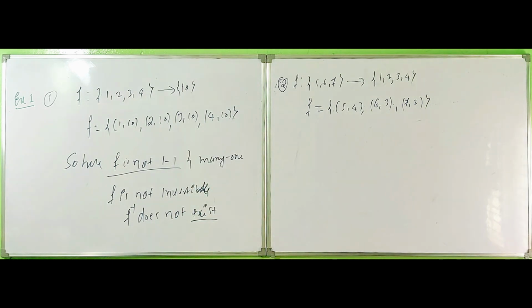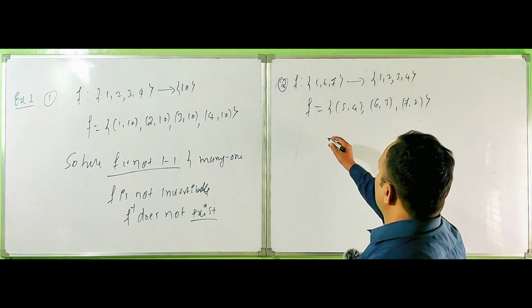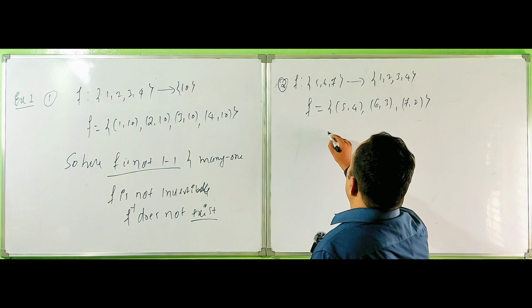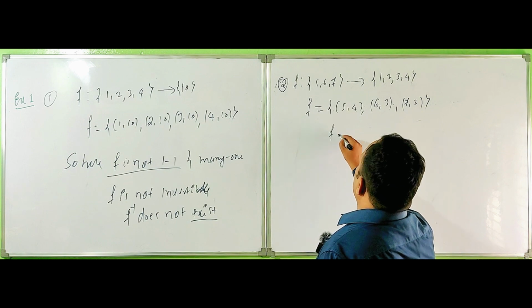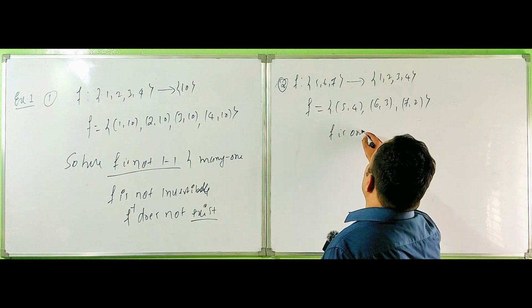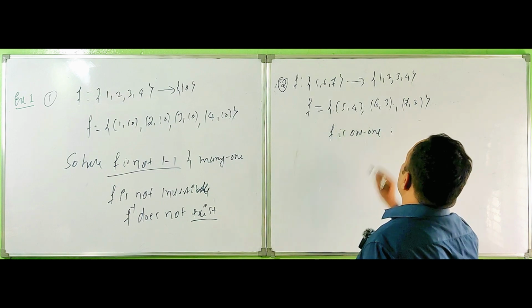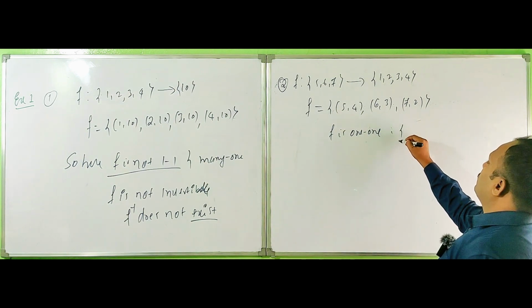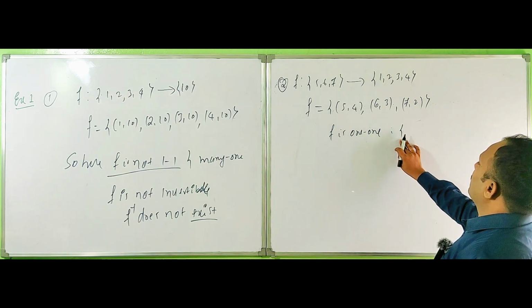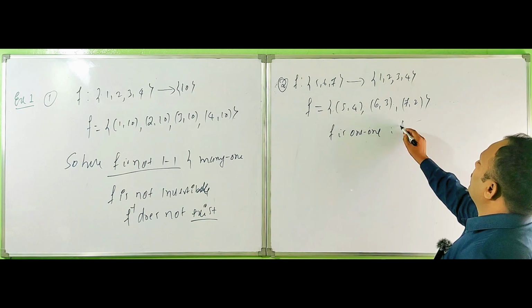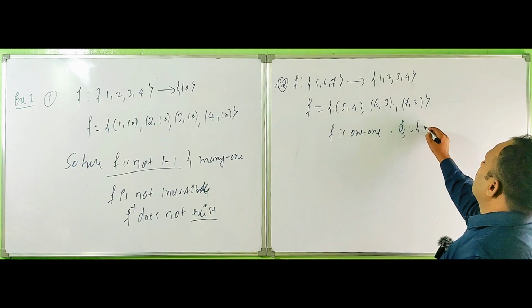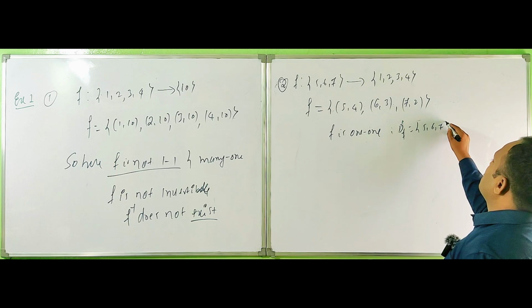Let's see. Yes, f is one-one, because the domain of f is {5, 6, 7}.